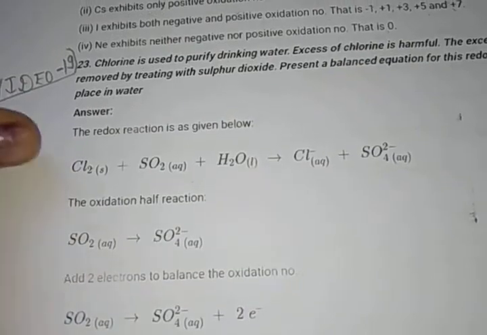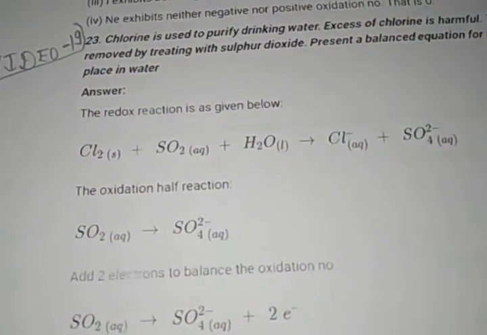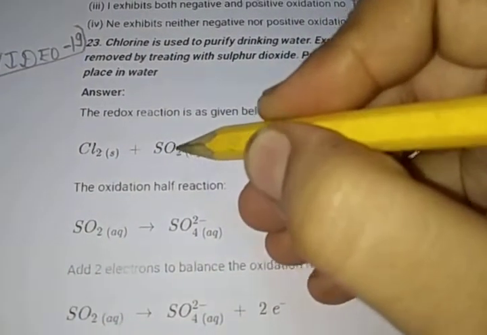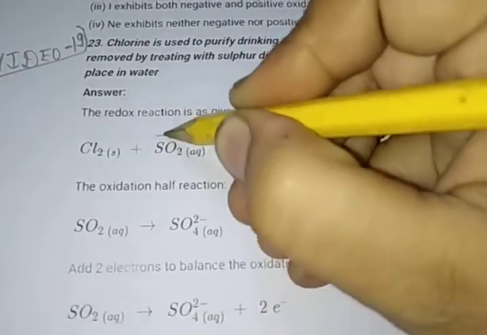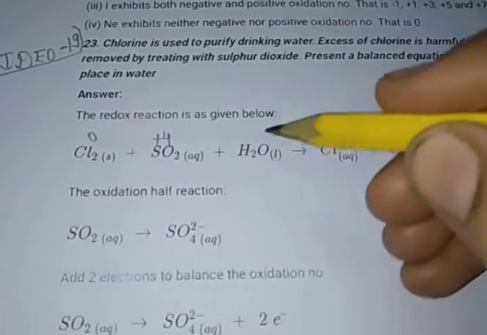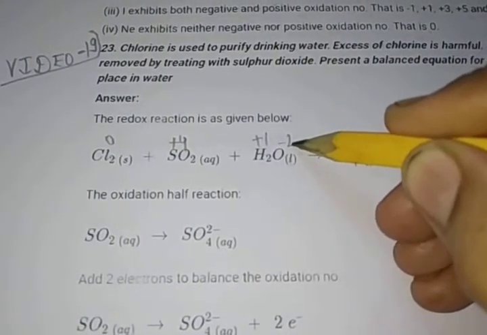Then the oxidation half reaction. Here you see sulfur dioxide: oxygen has oxidation number -2, multiplied by 2, so sulfur is +4. Chlorine is 0. Water is H +1 and oxygen -2.